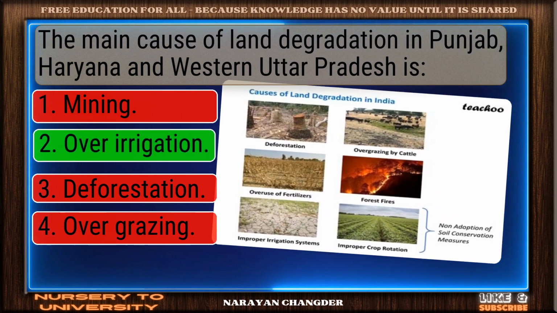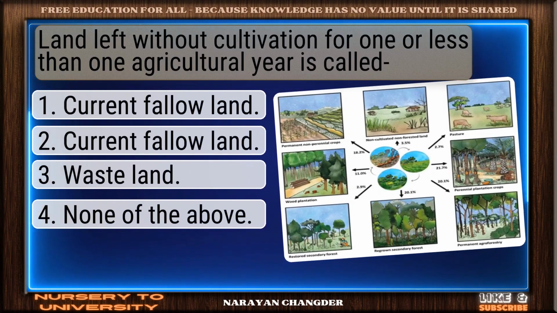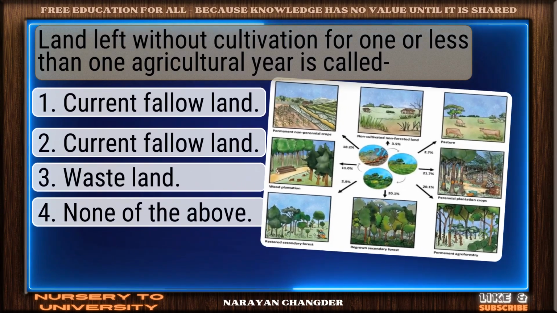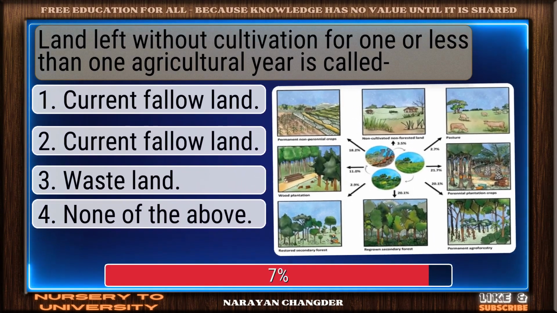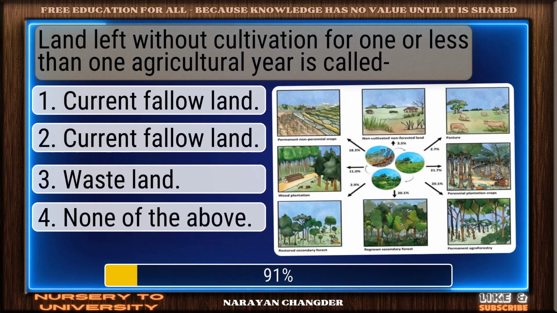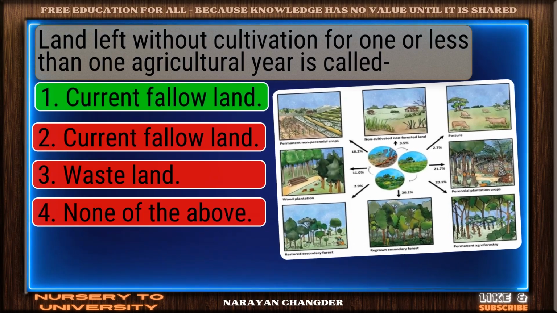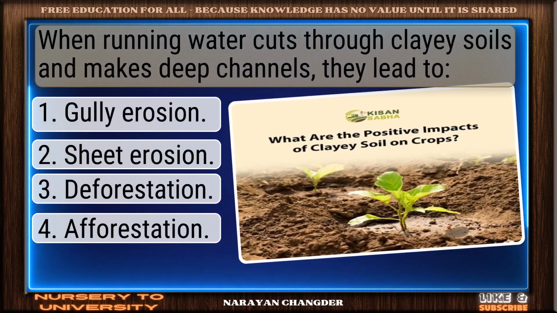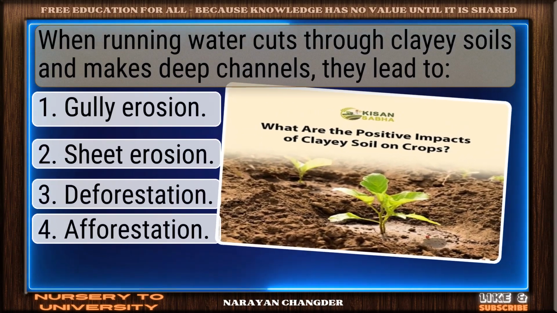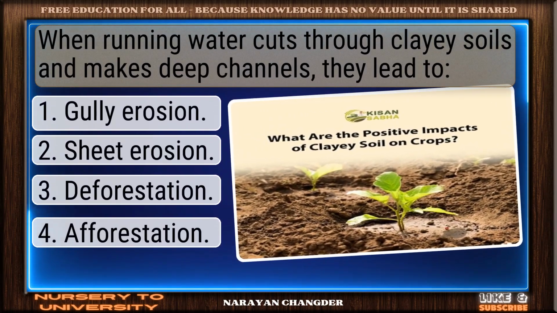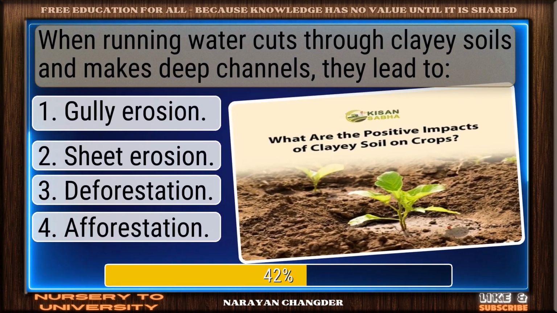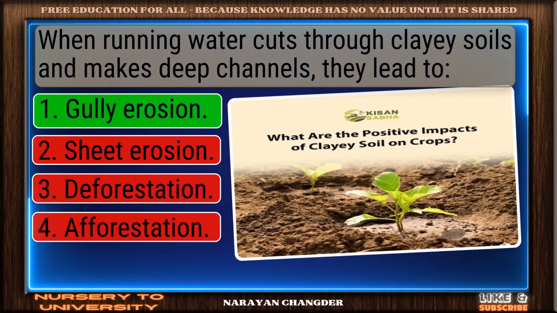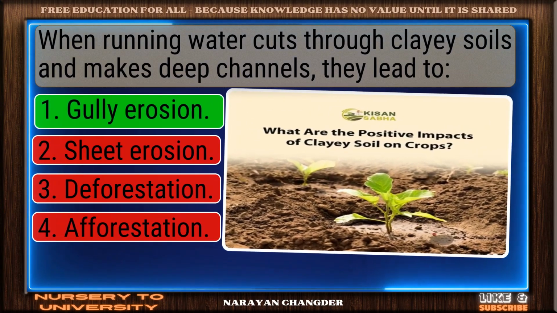Over-irrigation is well reasoned. Land left without cultivation for one or less than one agricultural year is called. Correct response. Current fallow land is accurate. When running water cuts through clayey soils and makes deep channels, they lead to. You got it. Gully erosion fits.